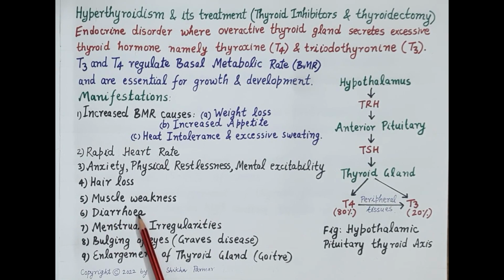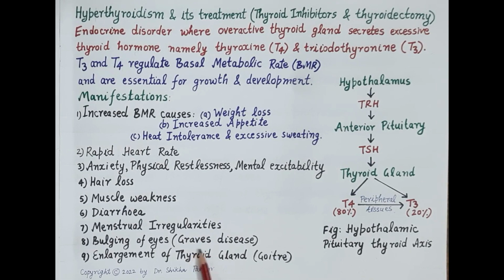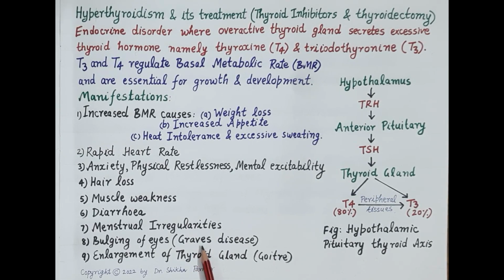Other common manifestations are menstrual irregularities, then bulging of eyes or protruding eyeball is seen in the Graves' disease. And very important to remember that Graves' disease is the most common cause of hyperthyroidism.